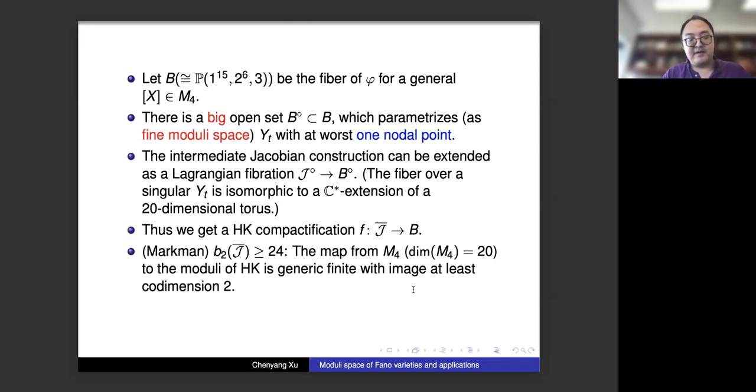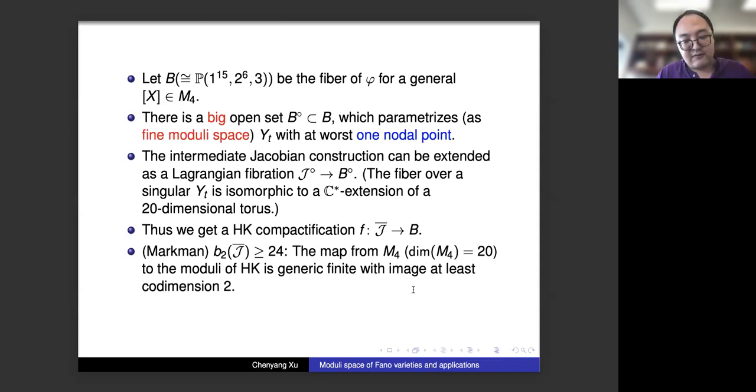Usually when you check this Lagrangian fiber structure, it's checked on the fine moduli space. But then you prove this fine moduli space is actually just, at least on B0, I mean, you already got the fine moduli space. Then that verifies this Lagrangian fiber structure.